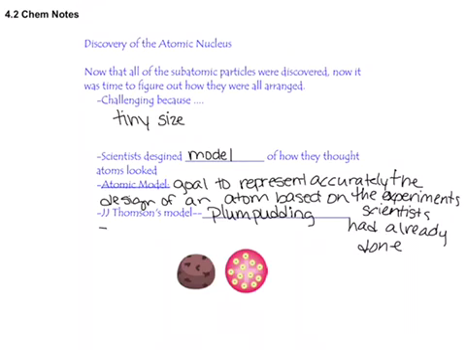And Thomson said that the chocolate chips would be the negative charges randomly distributed throughout the cookie, and then the cookie dough would have an overall positive charge. And the opposites of the positives and the negatives would keep those negative chocolate chips with the rest of the cookie.